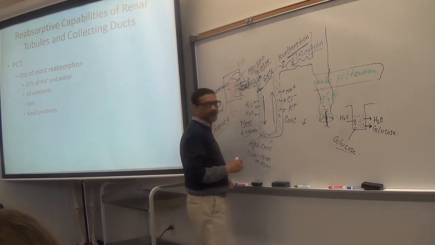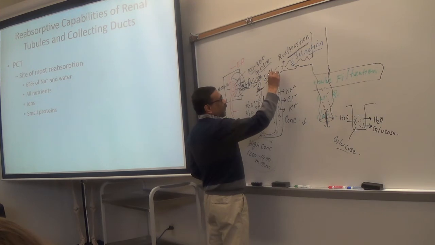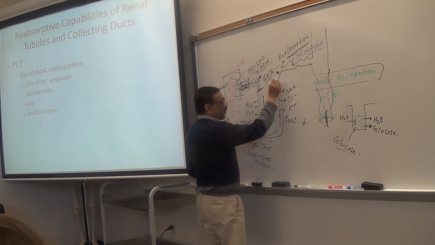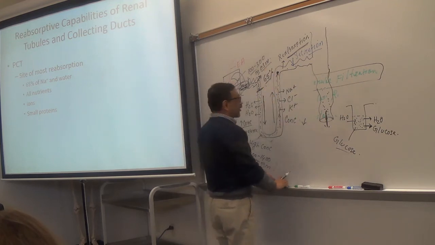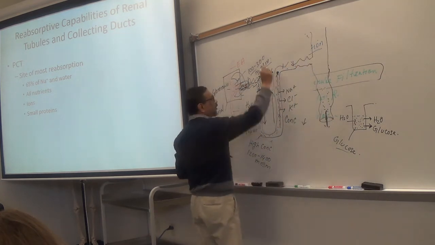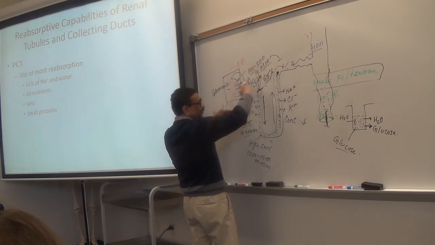So the concentration, as it goes up, decreases. Make sense? And when it arrives here, as the concentration is going down, down, down, it becomes almost the same concentration as here, the same level. Okay?